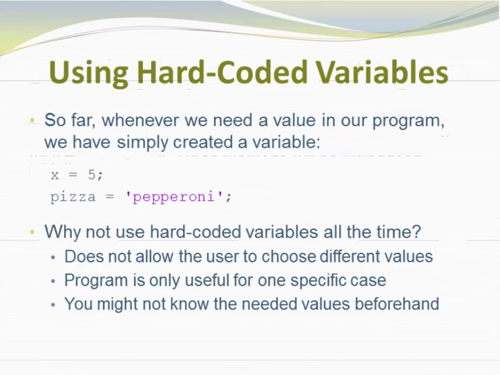Those people didn't know what your name was ahead of time. You have to be able to enter your name. So they couldn't have hard-coded your name into a variable in the code that runs behind the scenes on those websites. Same way, you can't necessarily have hard-coded variables all the time in your MATLAB scripts.